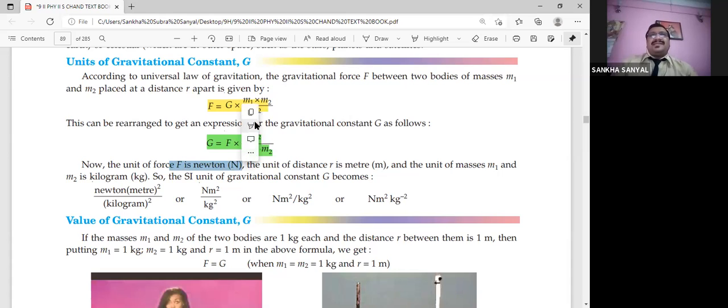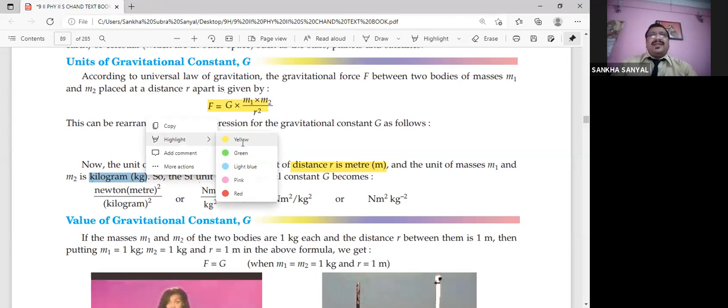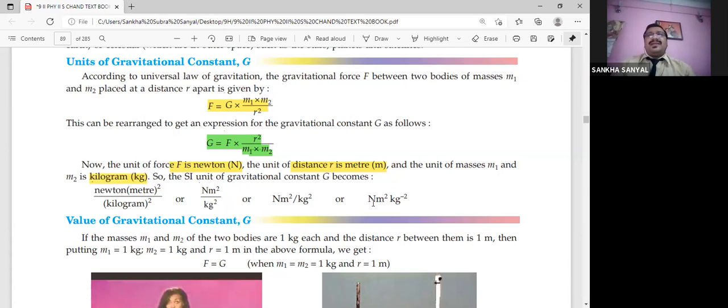If the SI unit of distance is meter and the SI unit of mass is kg, then the SI unit of G, the universal gravitational constant, is Newton meter square by kilogram square.